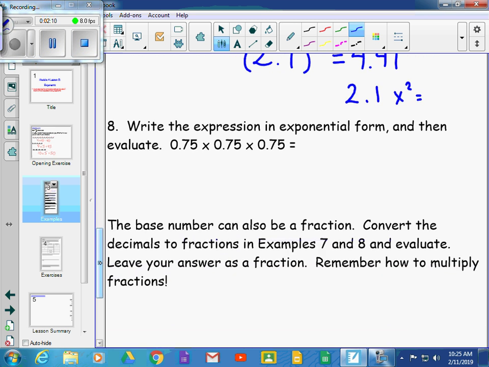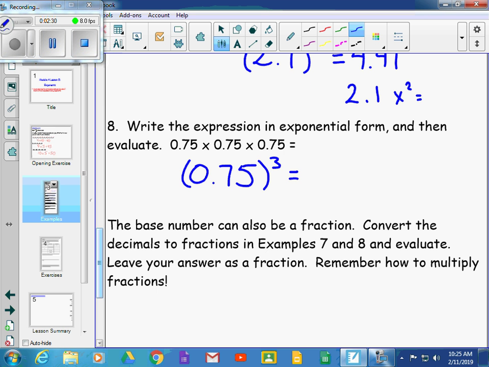Okay, number 8, write the expression in exponential form and then evaluate. So we have 0.75 being multiplied by itself 3 times, exponent 3.